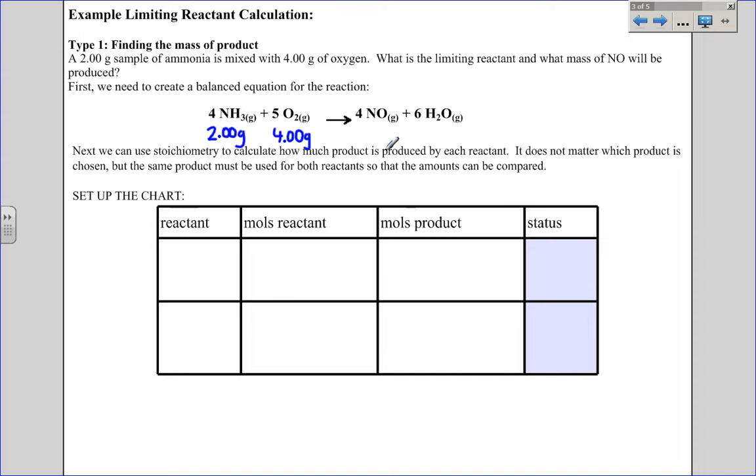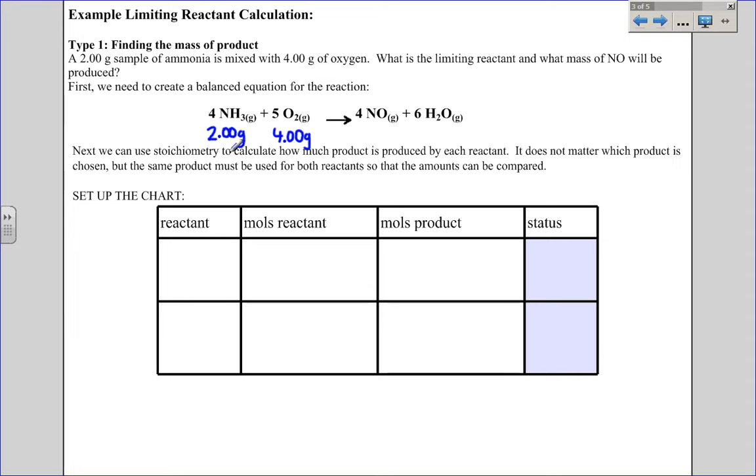Now, as I said previously, how we know that we have a limiting reactant problem is by the fact that we are given information about 2 of our reactants. So I'm not sure whether I need to base the amount of product that I produce on the NH3 that I have or the O2 that I have.